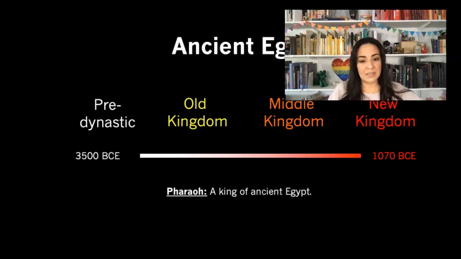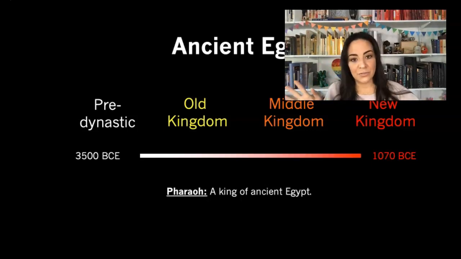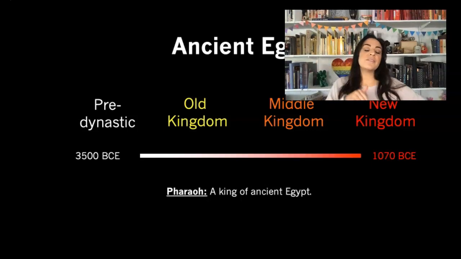So it's not a term that they would have used to define their kings in the Old Kingdom or Middle Kingdom. And I'm a nerd for words. The word pharaoh means like the big house or the palace. So it was a way of referring to the king without using his sacred name.